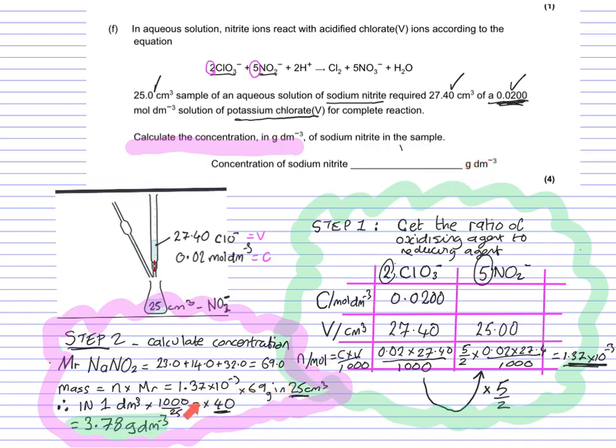So all we do is ask how many times bigger is 1 dm cubed? 1 dm cubed is 1,000 centimetres cubed, which is 40 times greater. So if there are that many grams in 25 centimetres cubed, you multiply that number by 40, and your answer comes out to 3.78 grams per decimetre cubed.